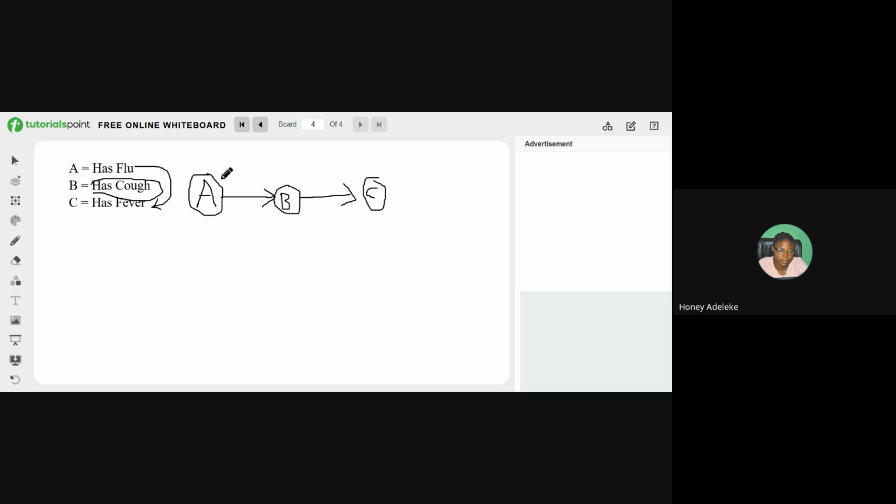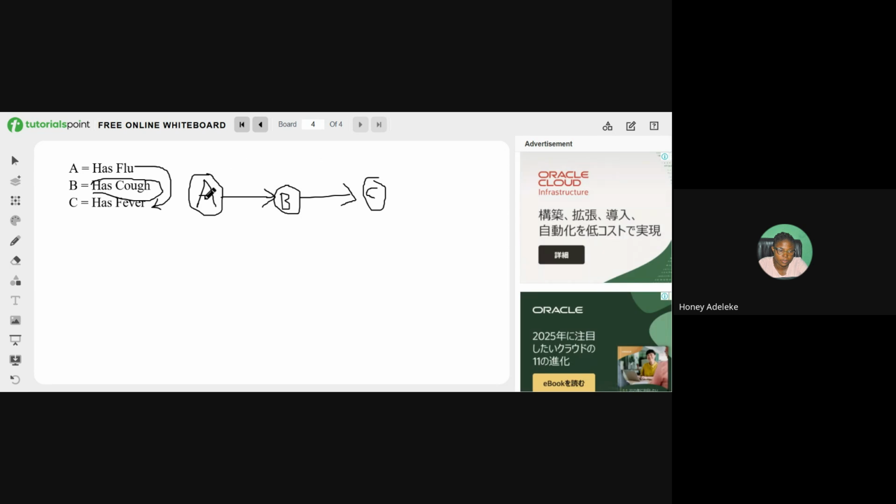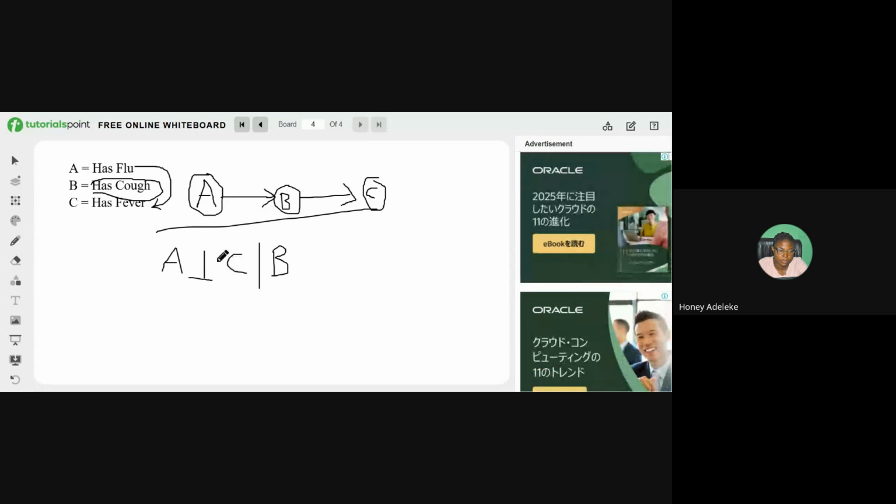So A is conditionally independent of C, given B. Flu is conditionally independent of fever, given that we've observed cough.